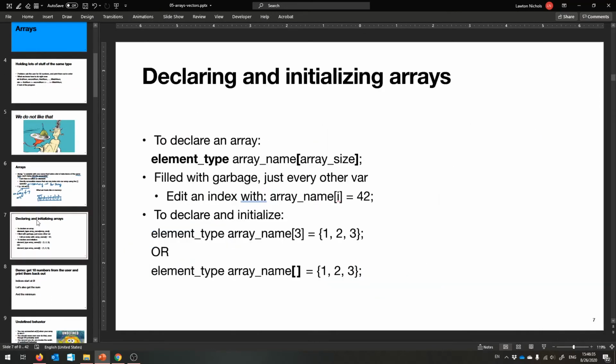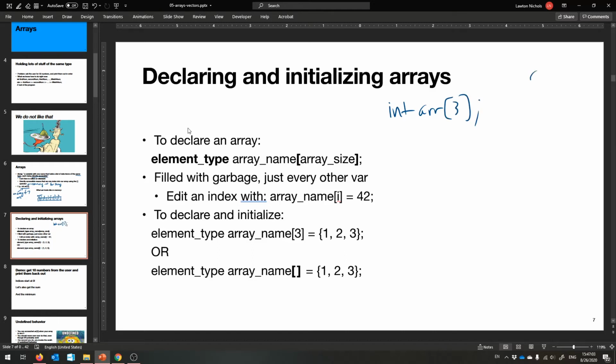Okay? So to declare an array, we want to say the name of the type of the stuff that's inside, like int, double, you can even have an array of strings. So you say the type, then you give the name, just like a normal variable, and then you give the size. Okay? That's what you want. And normally it's filled with garbage, so you have to index into it. So let's say int arr of 3.